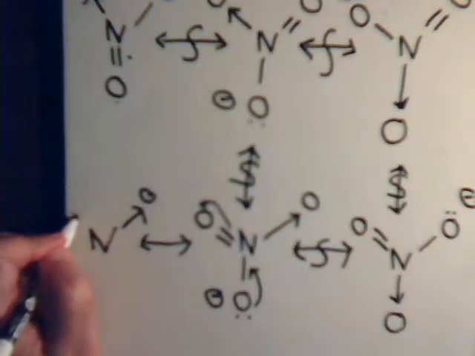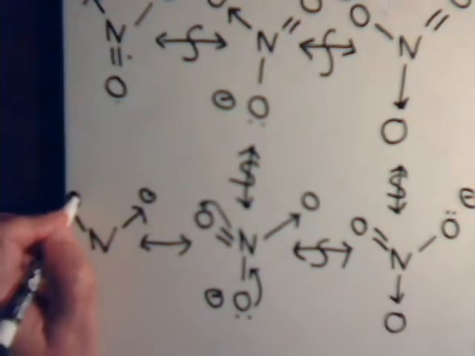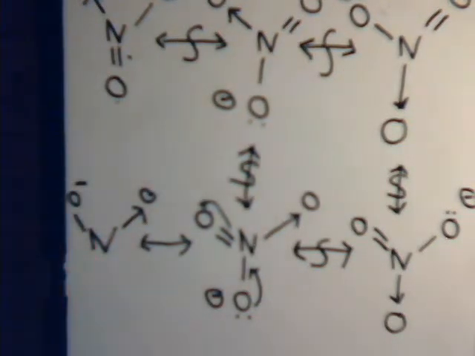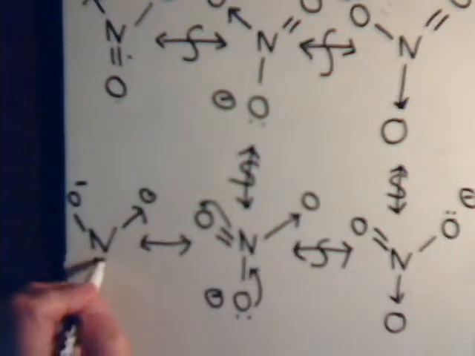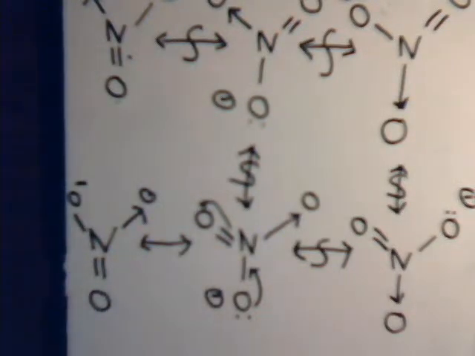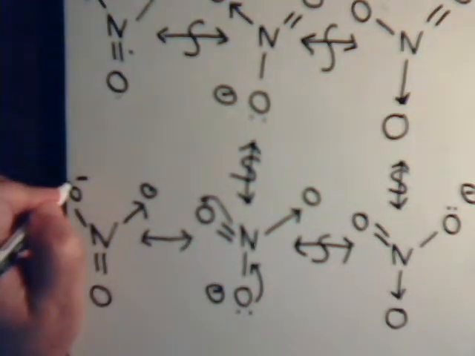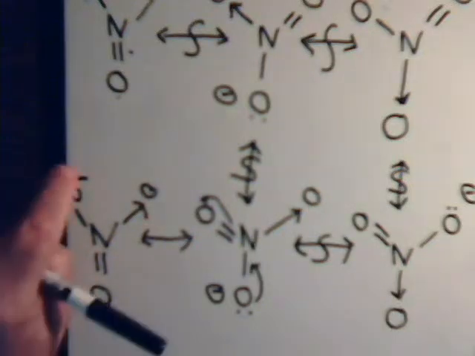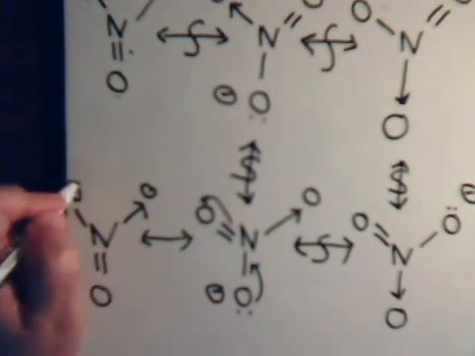So we have this negative charge here, and now a double bond here. This had a negative charge, but it put up both electrons to form that pi bond to get the double bond with oxygen, so that has no charge, and this has a lone pair of electrons.